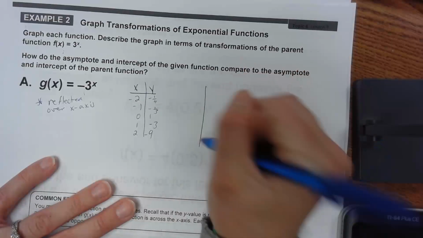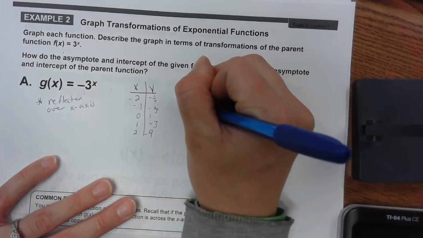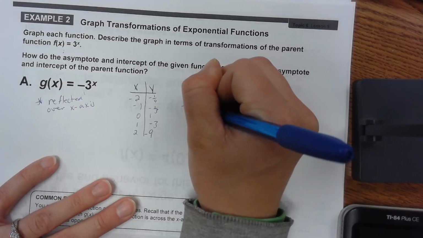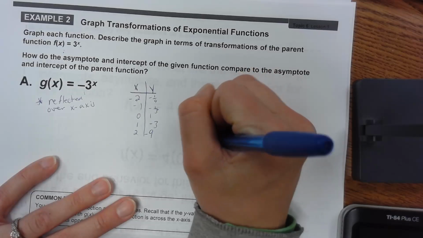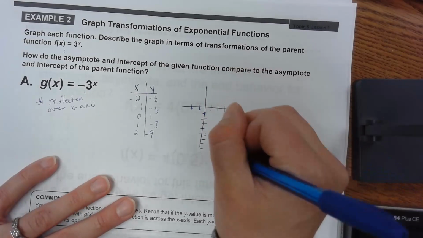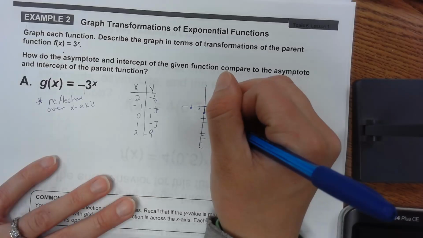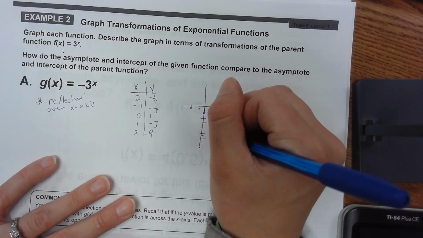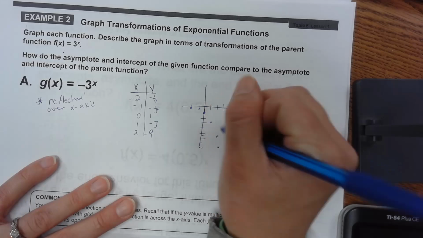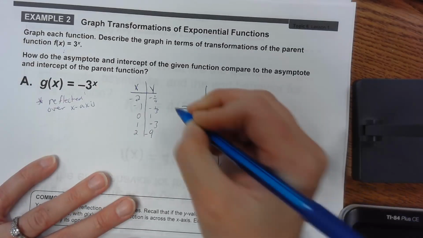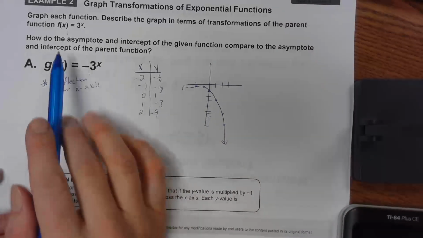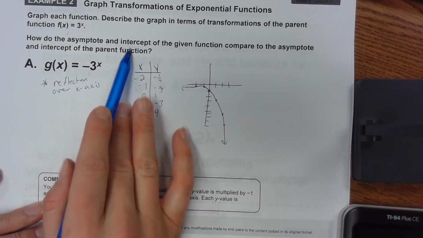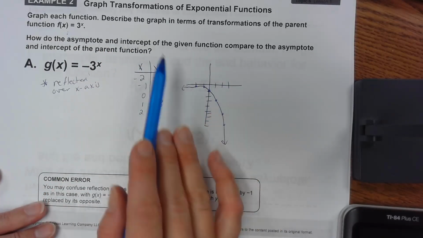And there's our graph roughly. Again, we can have it on our calculator. So if we go through each of our pieces, right, we're going to compare just the asymptote and the intercepts to the function.